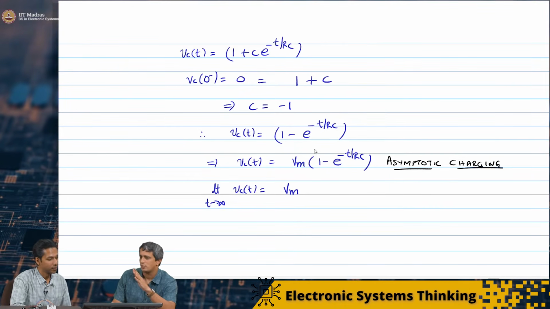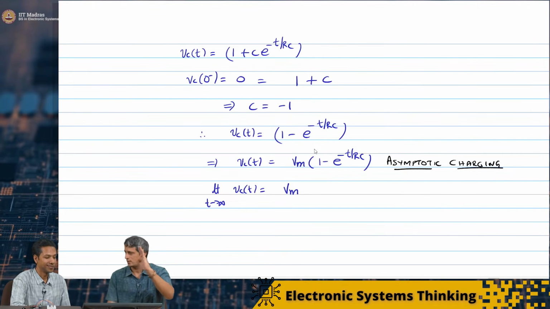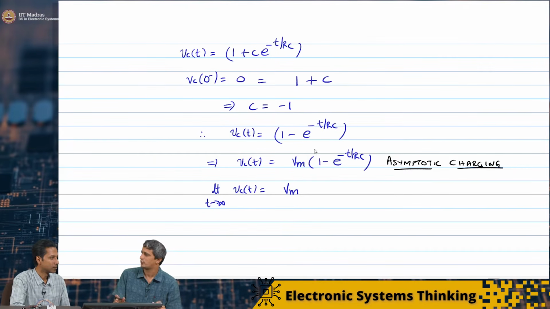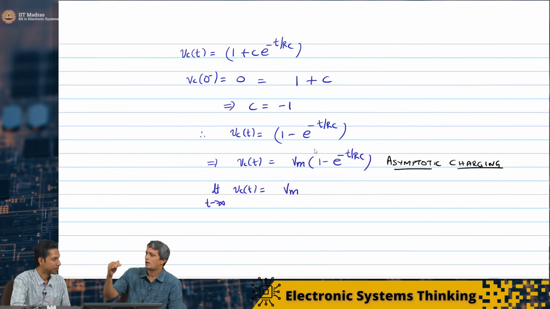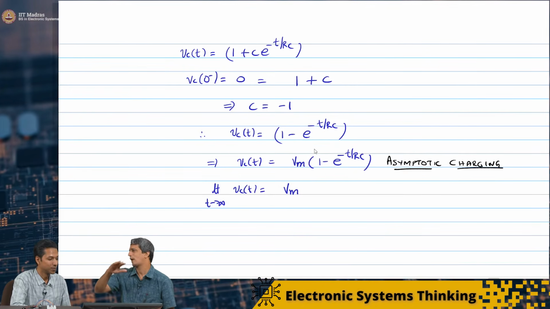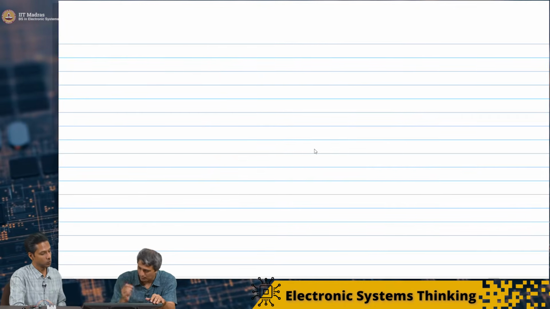Asymptotic means it never reaches that final value at finite time. It will reach it as limit t tends to infinity. But for all practical purposes, 1 volt or 999 millivolt doesn't matter. For us, it's practically 1 volt. That's how we get away in real applications.